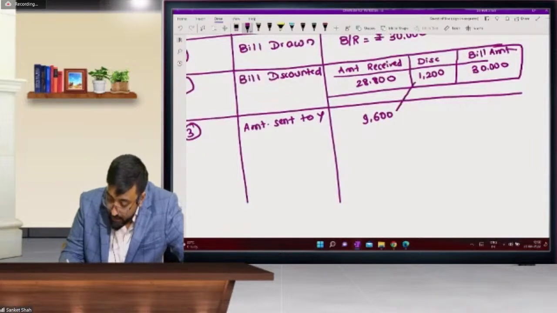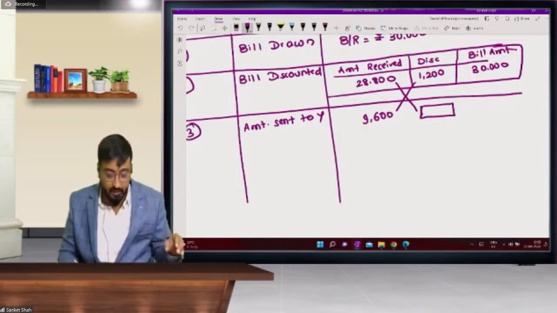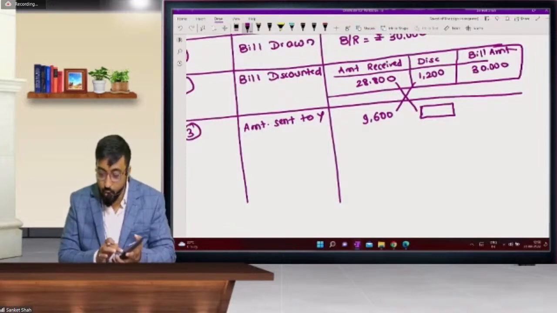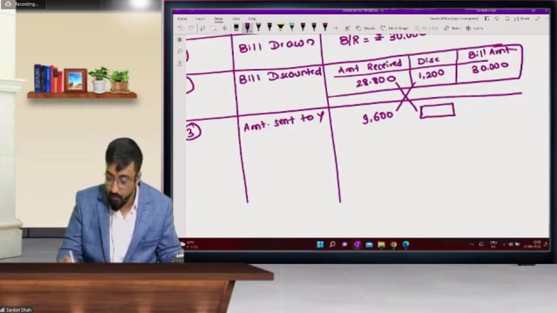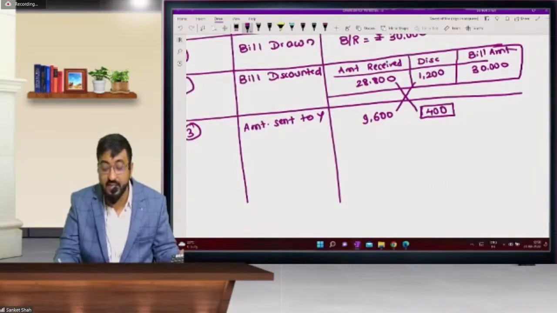Sir, cross multiplication. 9,600 into 1,200, cross, divided by 28,800. 400 rupees is discount.